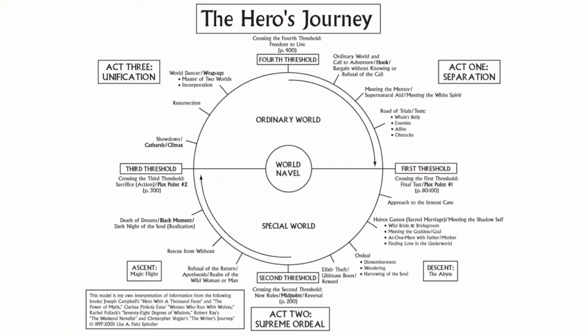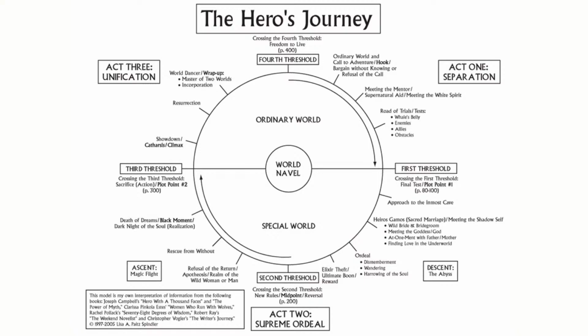Basically, the hero leaves. He has some challenges, and he's up against a lot of dangers. He meets mentors and guides who help him on his journey, and ultimately, he gets back home. He is enlightened and empowered, and he can help his community.